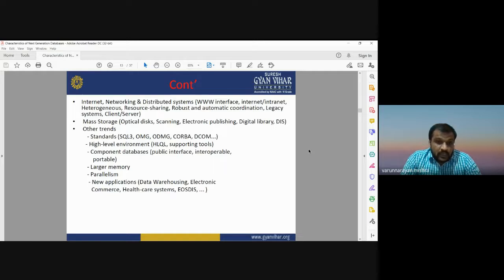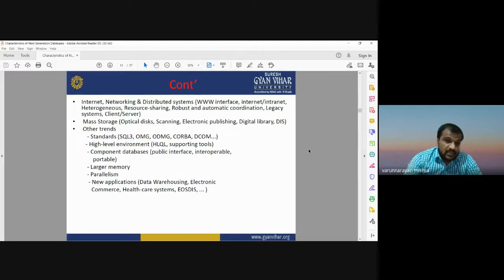There should also be some high level environment that may be supported by some advanced tools. There may be some databases that can be used by the public in the form of a public interface. There may be some interoperable and portable databases for any kind of next generation databases.